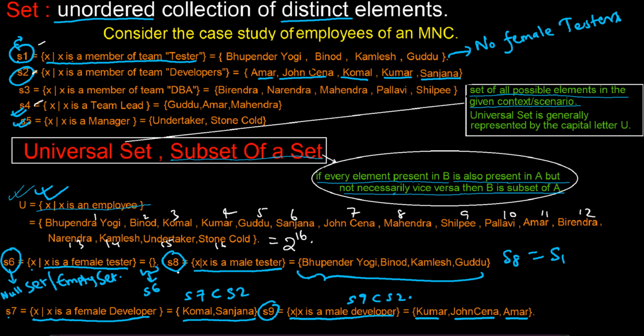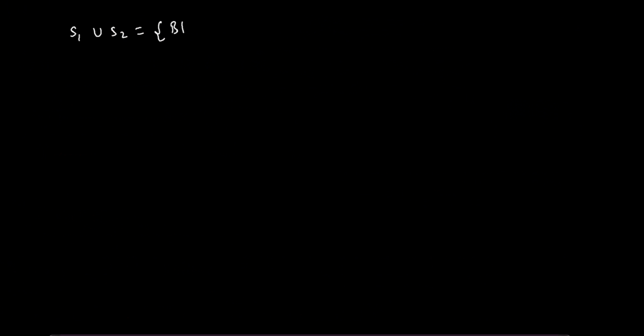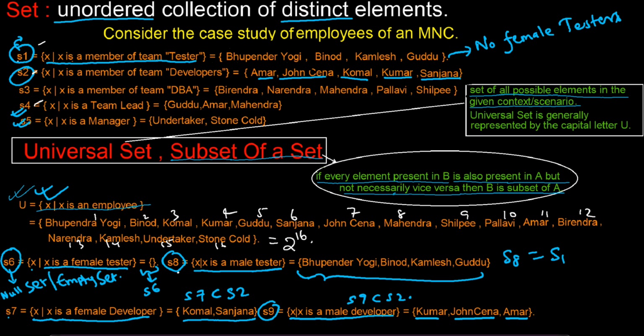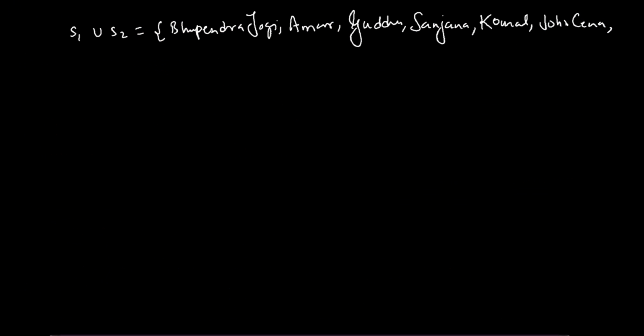So S1 union S2 will be equal to Upendra, Yogi, Vinod, Kamlesh, Guddu, Amar, Sanjana, Komal, John Cena, Kumar.